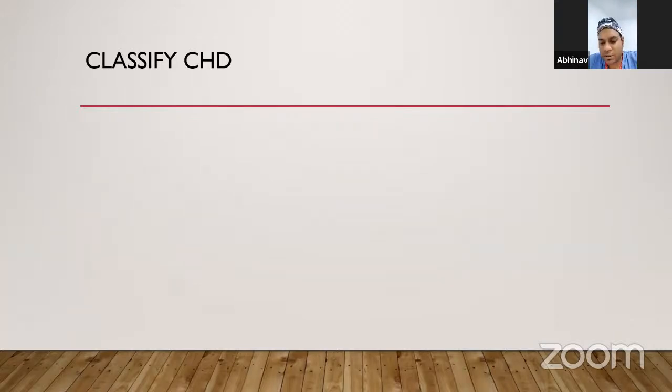So cyanotic heart diseases would include tetralogy of Fallot, pulmonary atresia, then total anomalous pulmonary venous connection, and transposition of the great arteries.